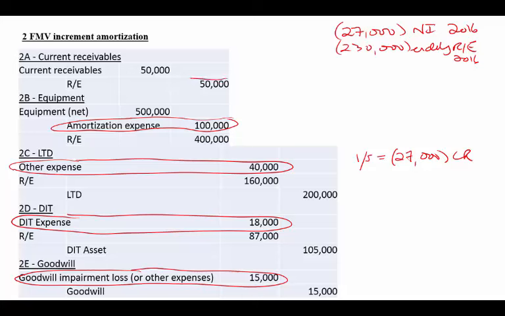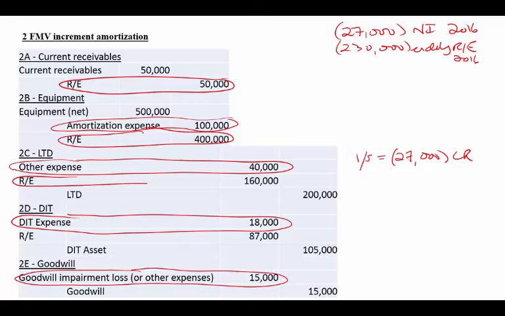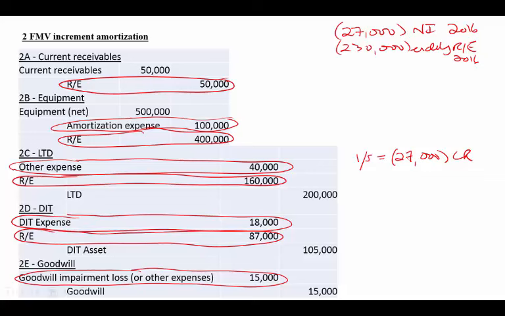So let's circle those as well and add them to our calculation. If we add together all of the amounts that are now circled, including the income statement amounts, we will get to an impact on ending 2016 retained earnings, and that will come out to the $230,000 net credit that we were expecting, so a net increase on retained earnings.